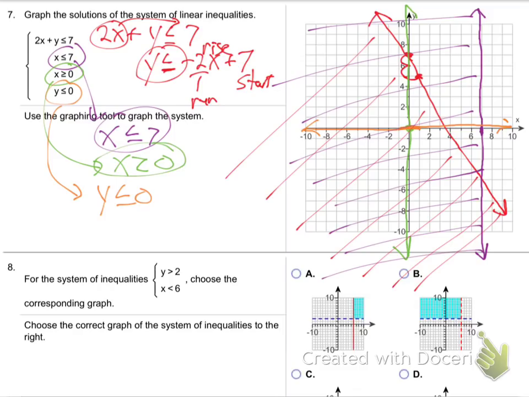X is greater than or equal to, that's to the right of. Just getting to be such a mess. Where do all the shades overlap? Finally, the y is less than, below the orange. Where do they all overlap? It's between, I can't even hardly tell, and below.